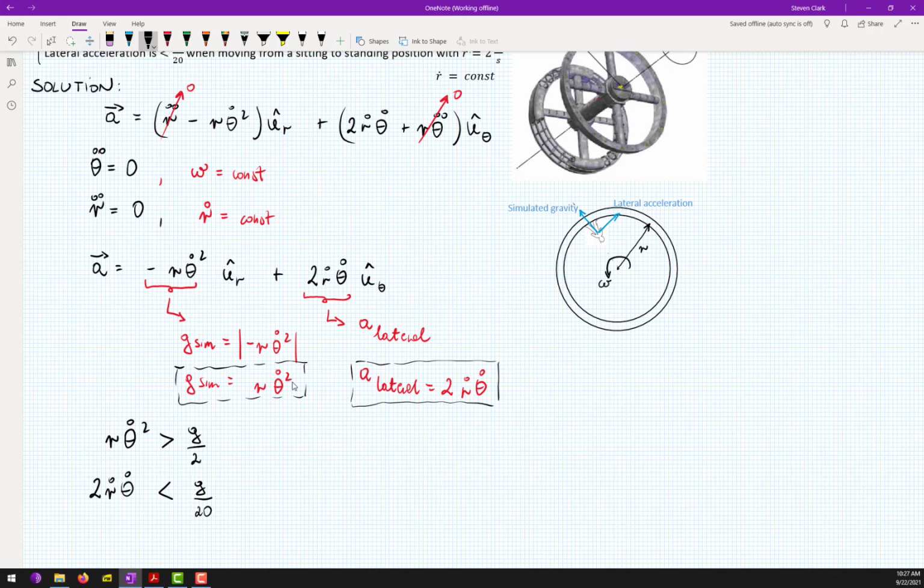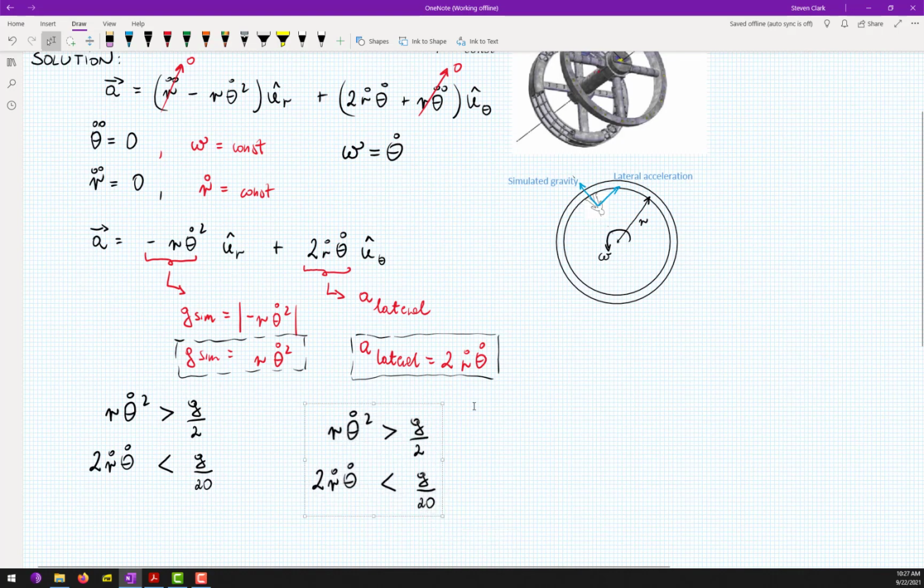Okay? Maybe let's also plug in values that they want us to use. So instead of theta dot, I will use omega, okay? Omega is theta dot. So I can plug in those values here. I can get rid of that. I can put omega instead of that. Okay, so what do we have in here?